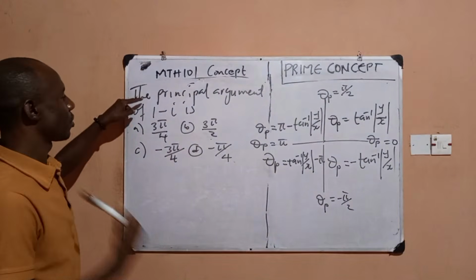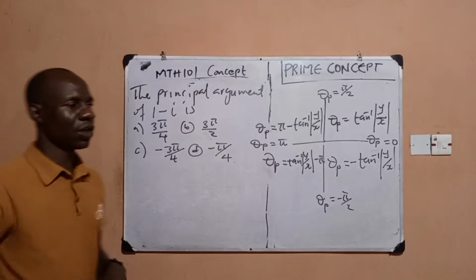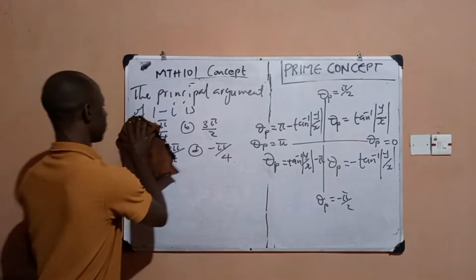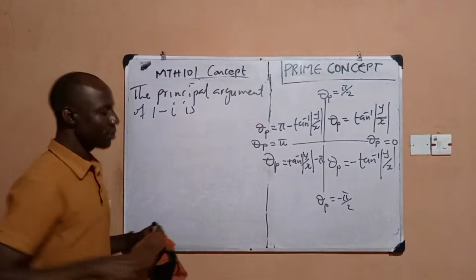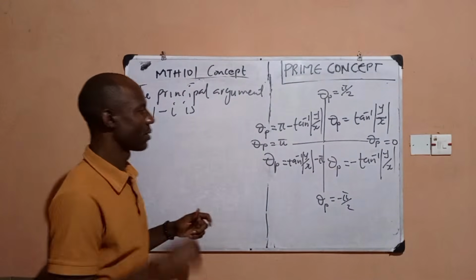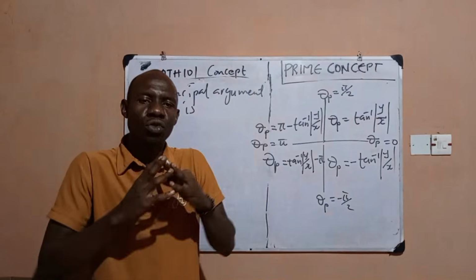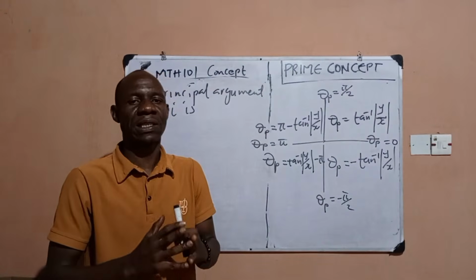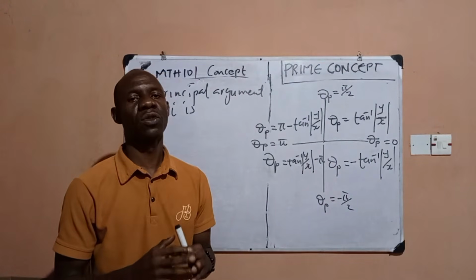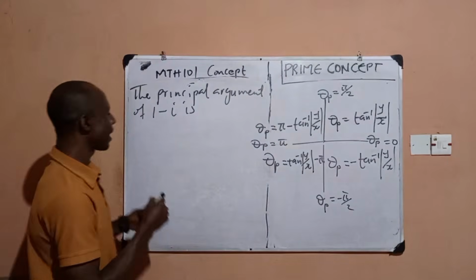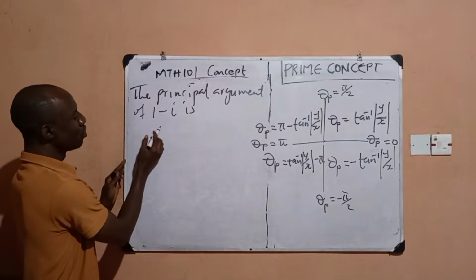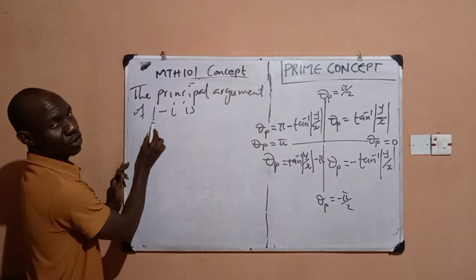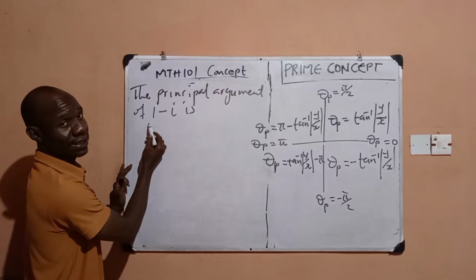Now watch. Let us solve this problem. I want to erase the options so I'll have space to solve. First, how do you know which quadrant a complex number would fall in? You know that the part that does not carry i is your x.